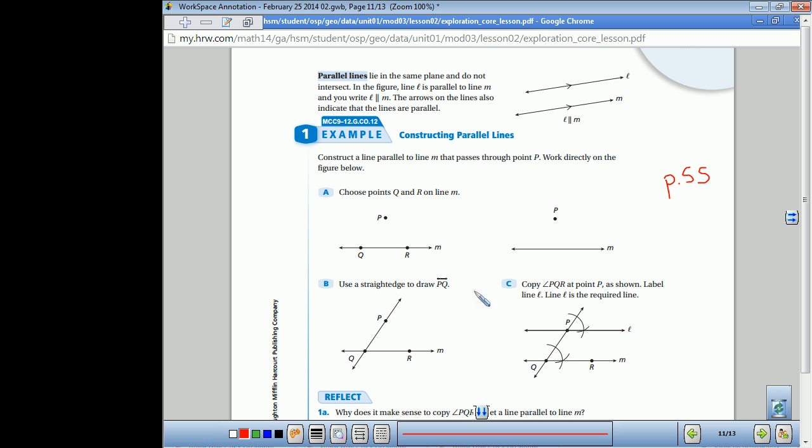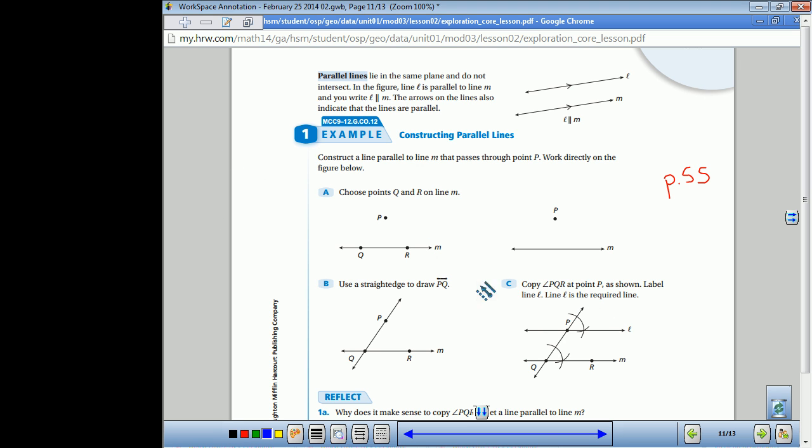What I'm going to walk you through, and they've already shown you every single step right here, is how to create a parallel line by showing that corresponding angles are congruent. So the way we do this, I'm going to show you the steps, and then on the next page you're going to do one yourself.